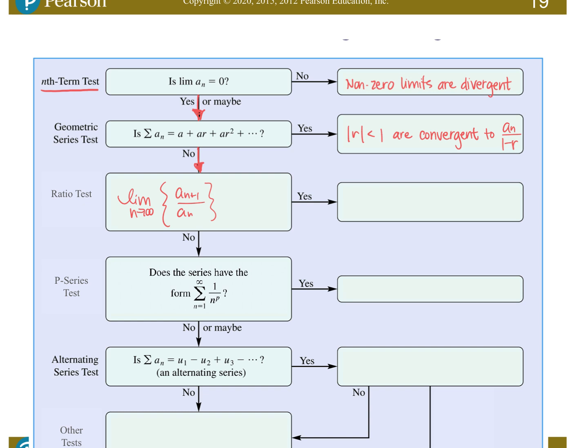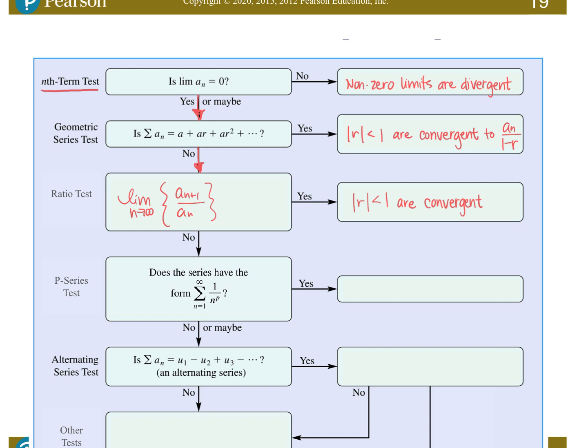Again, we might get an r, and if the absolute value of r is less than 1, or between -1 and 1, those are also convergent. They're not necessarily convergent to anything in particular, unless we're dealing with a geometric power series, but it would only be convergent in that sense.